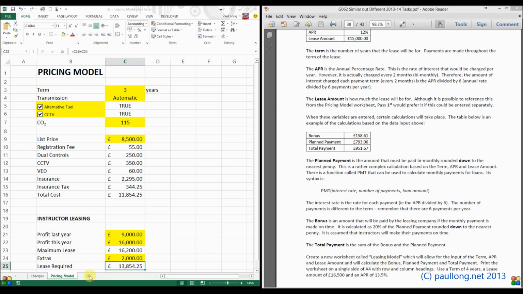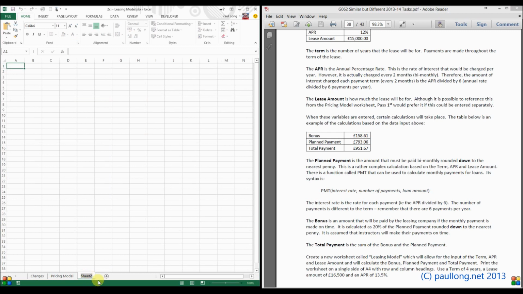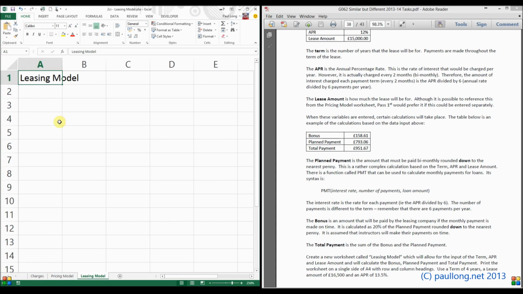So let's start by creating the new worksheet down here at the bottom. And we're told to call this the leasing model. I think it would make sense as well for us to have a title of leasing model. I'm just going to make the screen a bit bigger so that we can see everything that we need to put in.